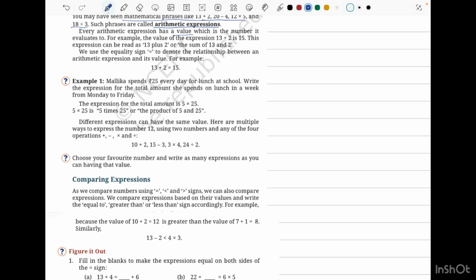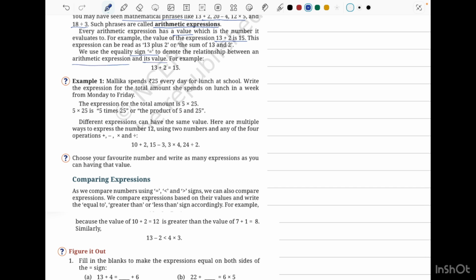For example, the value of the expression 13 plus 2 is 15, and the expression is read as 13 plus 2 or the sum of 13 and 2. We use the equality sign to denote the relationship between an arithmetic expression and its value.